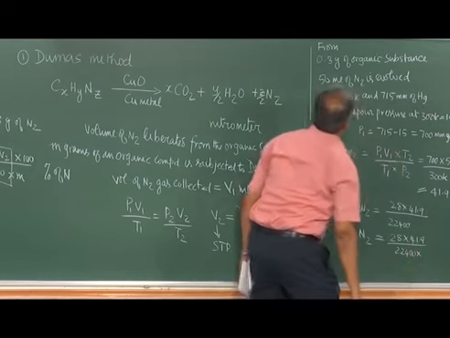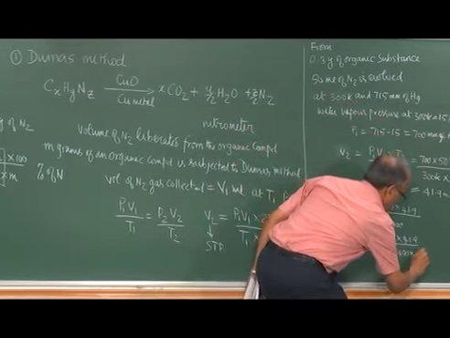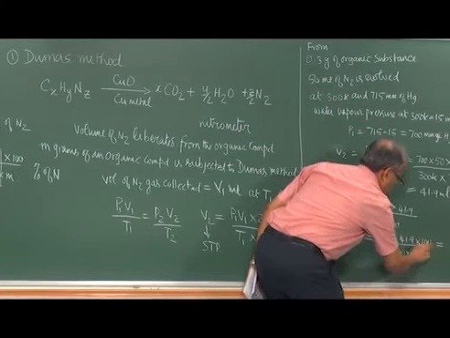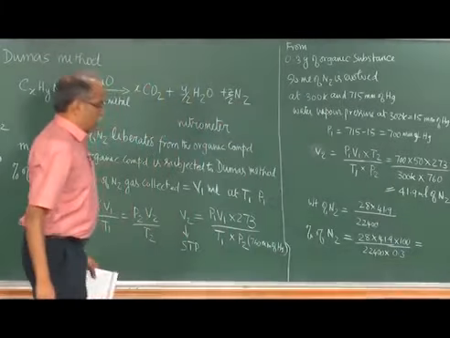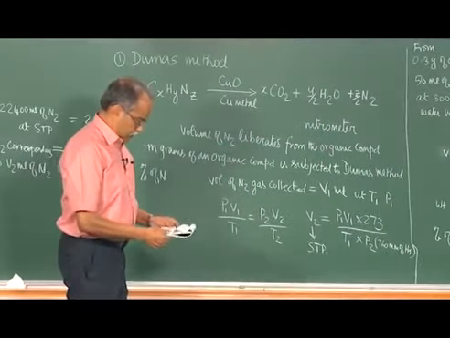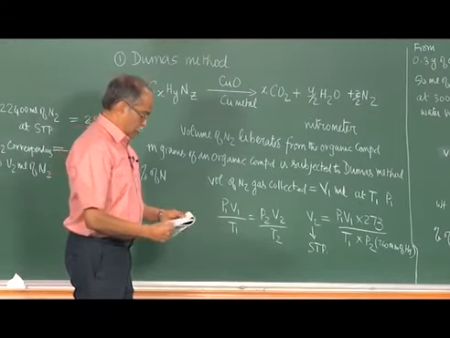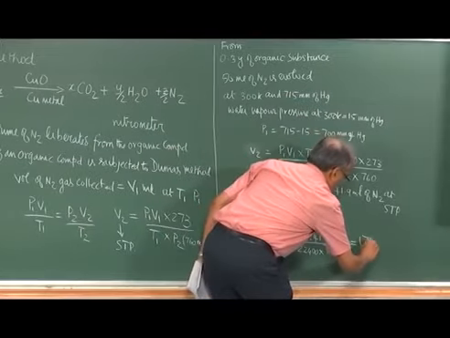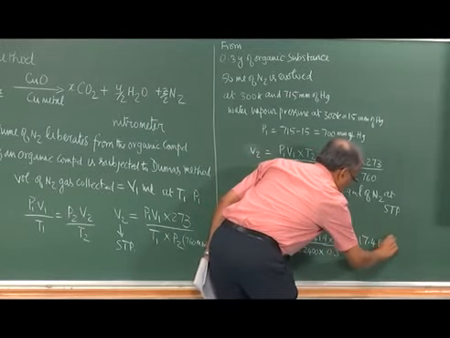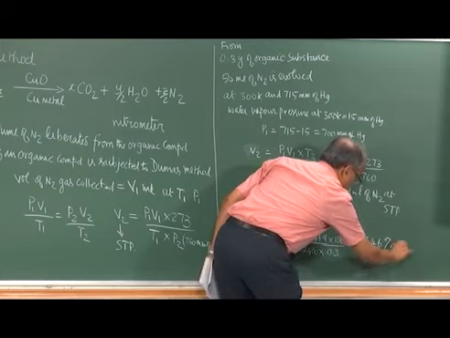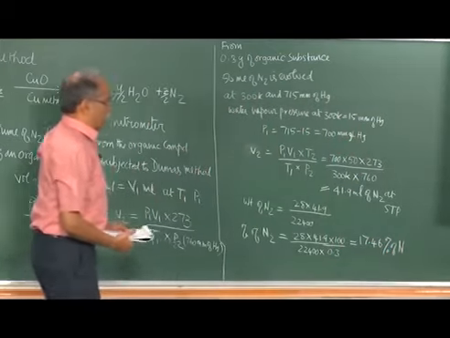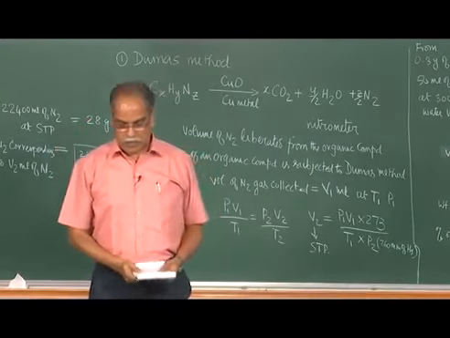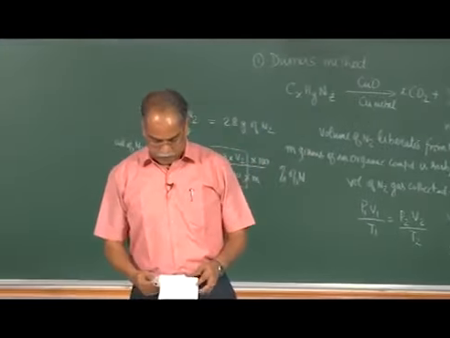This is from 0.3 grams of the substance. Therefore, for 100 grams of the substance, how much will be the weight of nitrogen? That would correspond to the percentage of nitrogen in the organic compound. If you solve this simple arithmetic, it turns out 17.46 percent of nitrogen is present in the organic molecule. So, this illustrative example, I hope, helps you understand the basic principle behind the methodology.